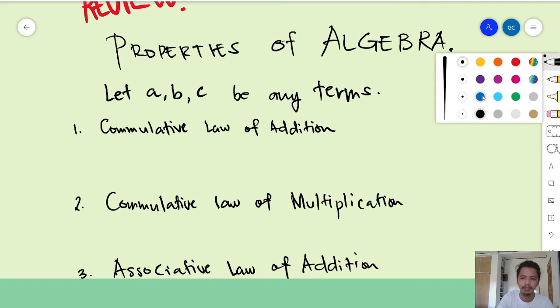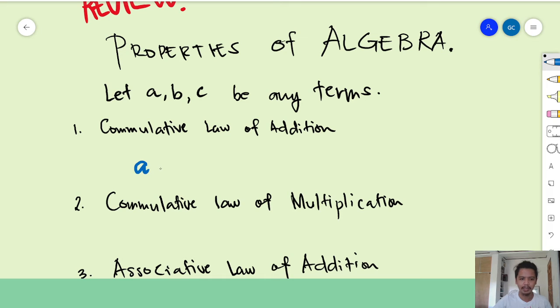In commutative law of addition, it is just simply if you are to add A and B, let's say we'll have A plus B, this is actually equal. We can, by commutative, interchange the position of A and B. So we will have B plus A.